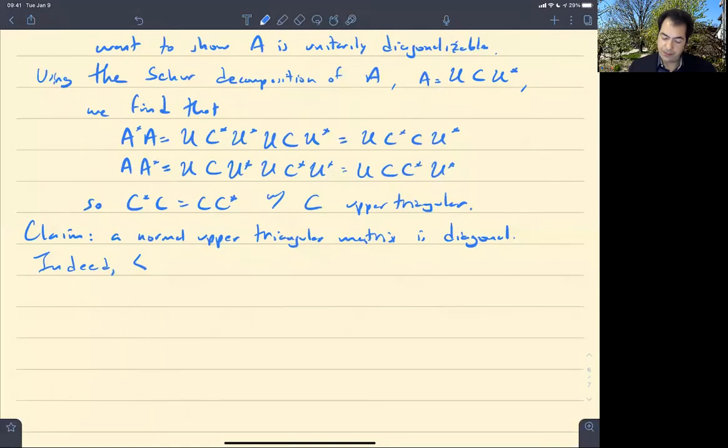Now let's show this. So if you do C star C E1, E1, then this is equal to CE1, CE1, and that's equal to the norm of CE1 squared.